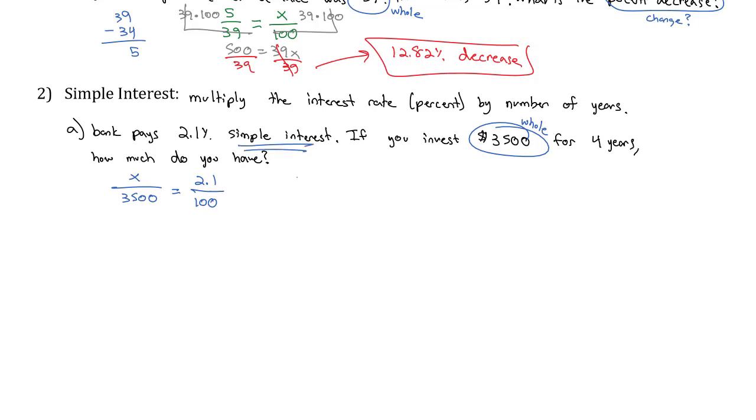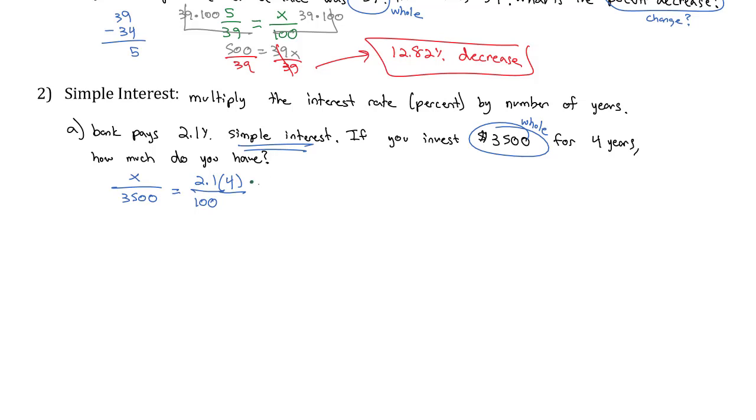But remember, with simple interest, we have to multiply that interest of 2.1% by the 4 years, by the number of years. That's the special thing with simple interest, because you earn that percentage every year.